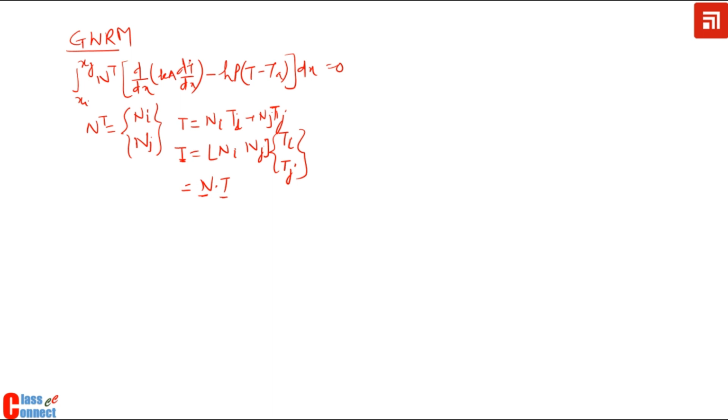So this T is nothing but this, and N transpose is nothing but this. So now we will first focus on the first part of this equation.